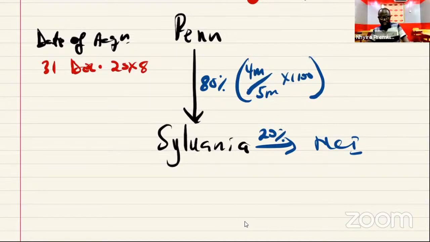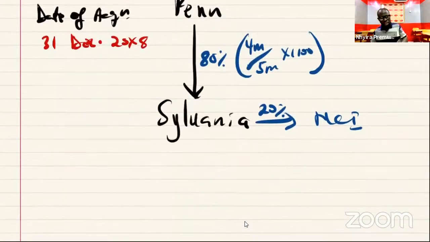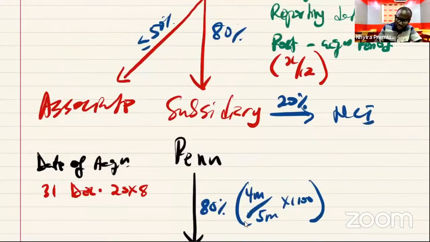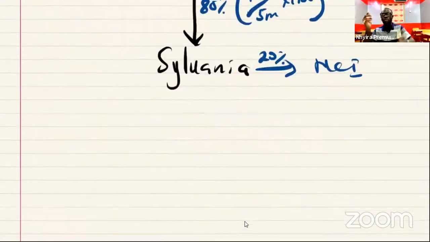All right. So that is our simple group structure. Now, you remember that I told you something about associates yesterday. I told you that when it comes to subsidiaries, we're going to be doing full consolidation. But when it comes to associates, we are going to be doing what? Carrying it in accordance with the equity method.